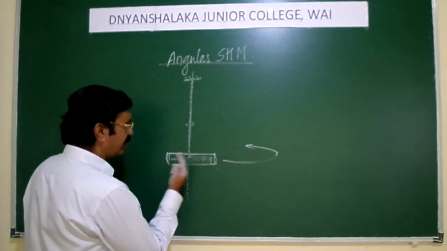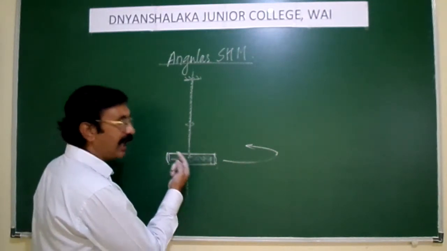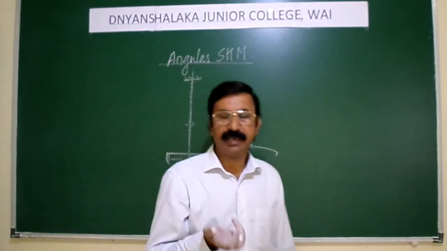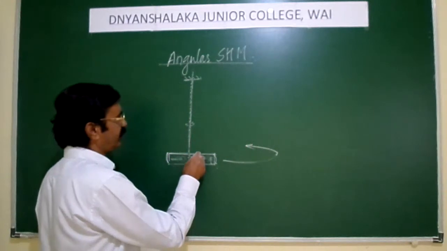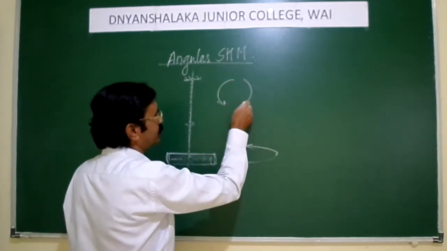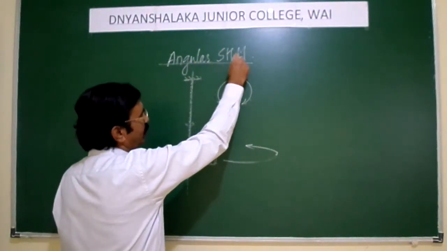And so in this way, the disk will rotate in a clockwise manner and in an anti-clockwise manner. And this will keep on repeating again and again. And so in this way, this will set into a motion which is called angular simple harmonic motion.